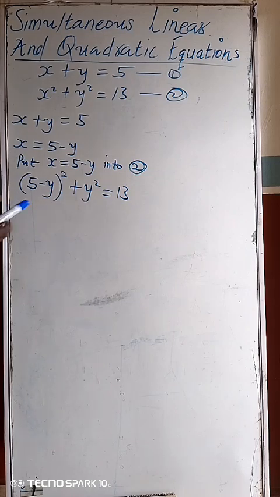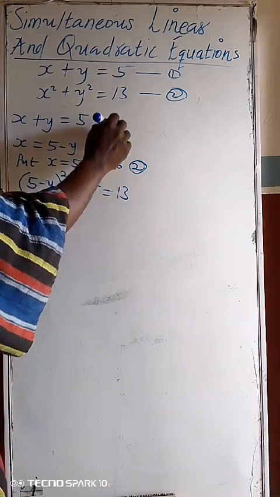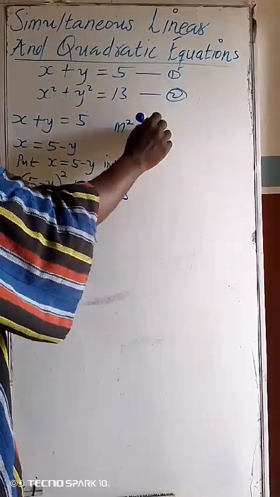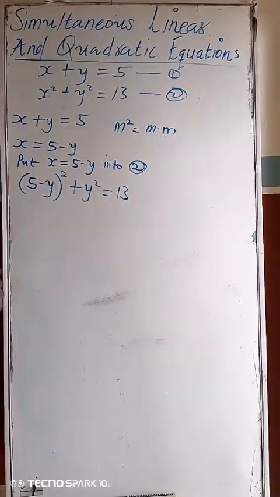Now here, power 2 simply means whatever is inside the bracket is repeating itself 2 times. For example, if I have m squared, it simply means that m is multiplying itself 2 times.